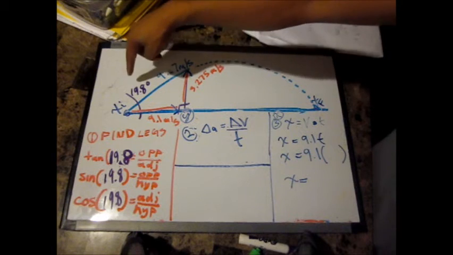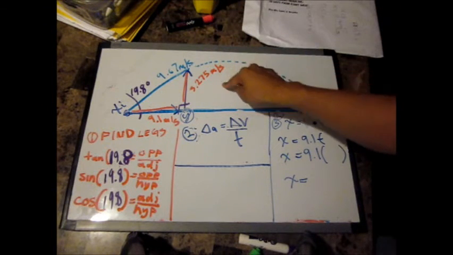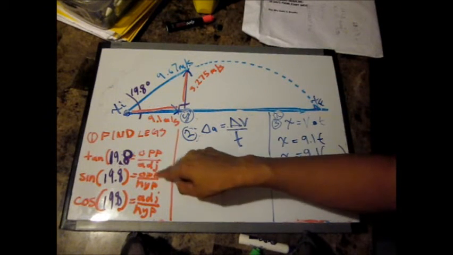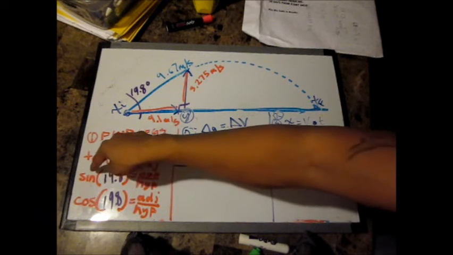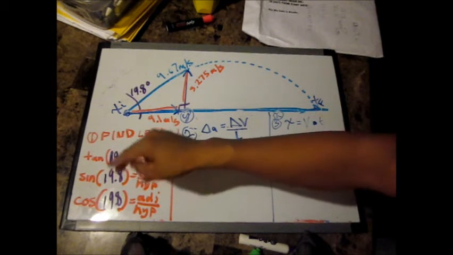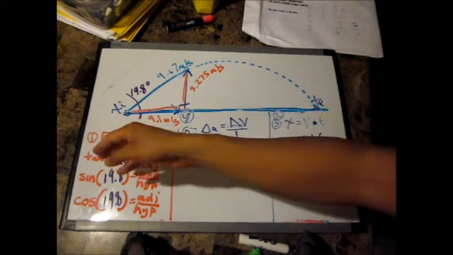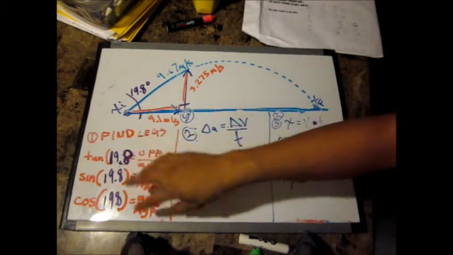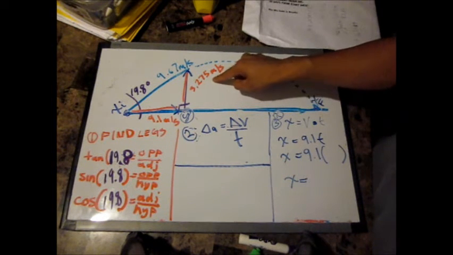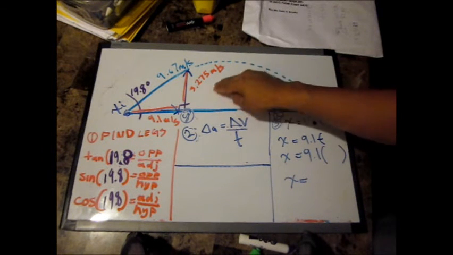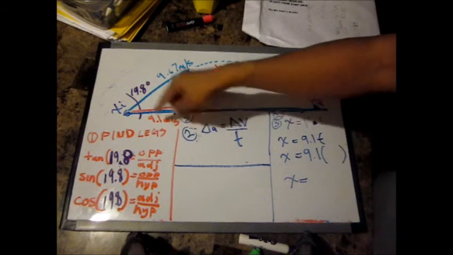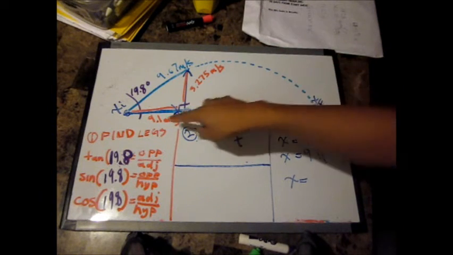We're given our hypotenuse and our angle, and we can figure that out by balancing out that equation after we put sine 19.8 in the calculator. You'll get 3.275 for your opposite leg, and your adjacent leg, which is your x velocity, is 9.1.